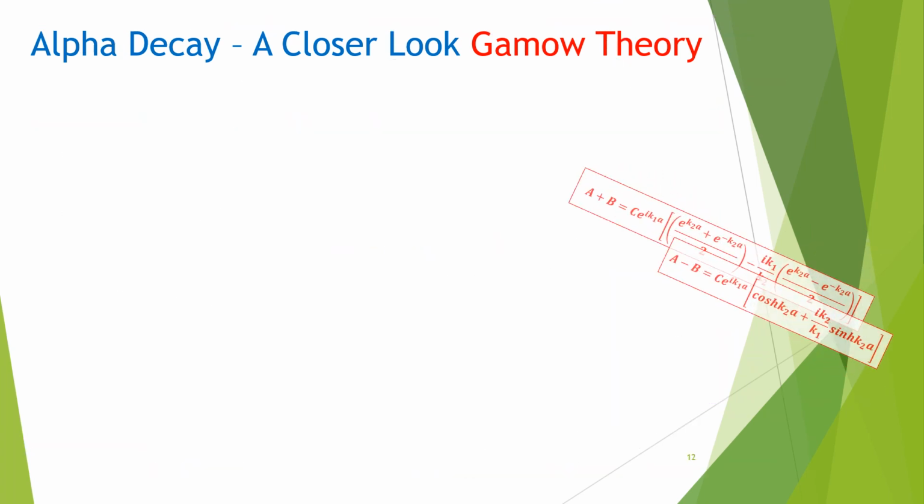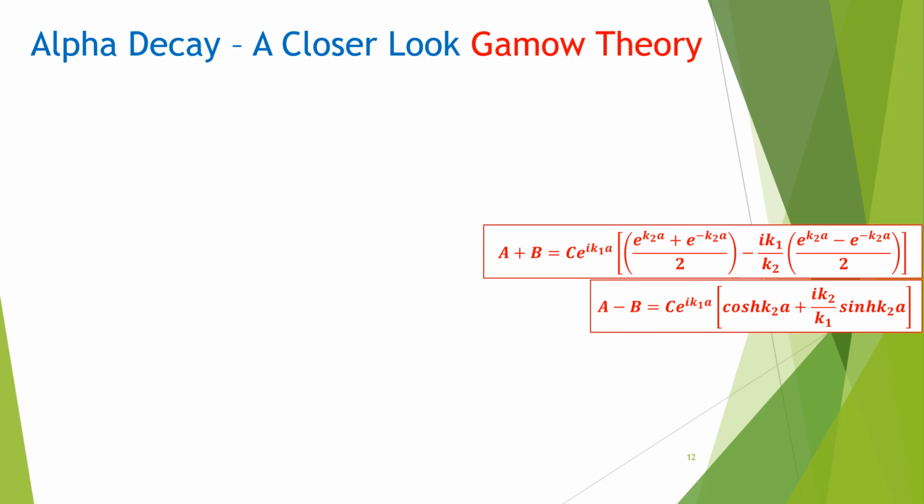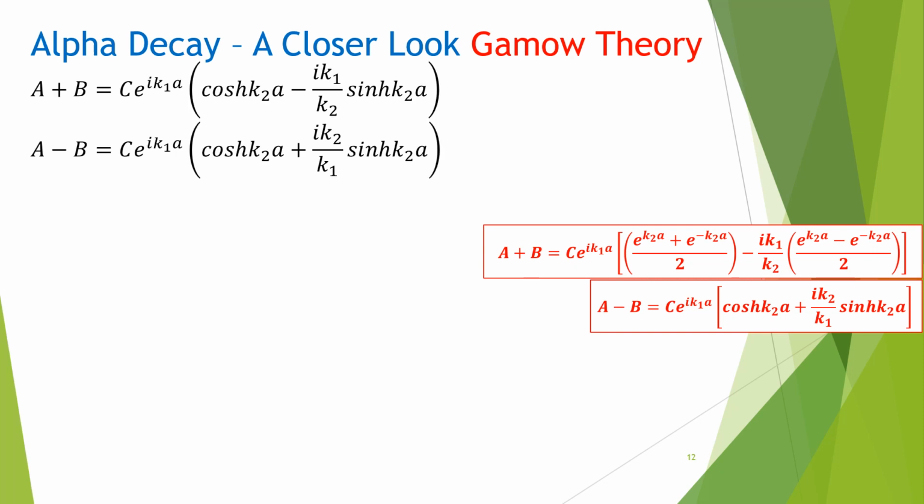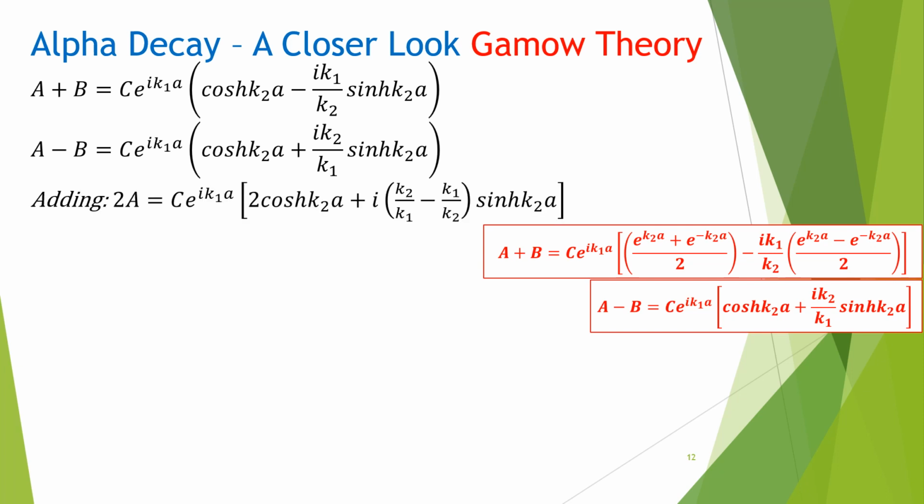So collectively writing together A plus B and A minus B, we can add these so that in addition minus B plus B will be cancelled, and we are left with twice A equal to C into e to the power I k1a.